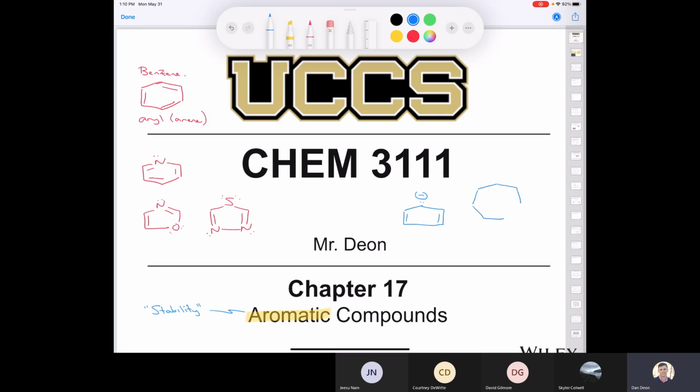If I have a 7-membered ring like this, with 3 pi bonds and a carbocation like that, that's also aromatic. So we can even have an aromatic ion. So that's something to think about before we really get into the nuts and bolts. If you have questions about how I would know that this is aromatic, and how I would know that these ions are aromatic, these are questions that we're going to answer in this chapter.